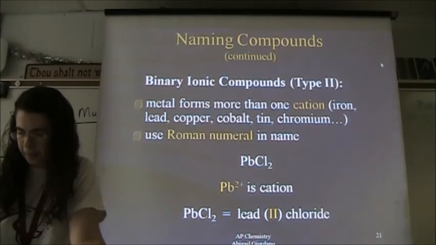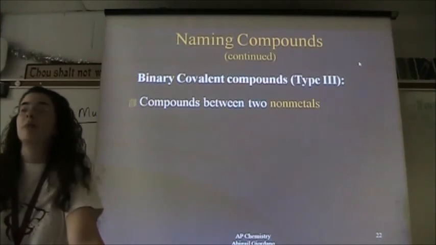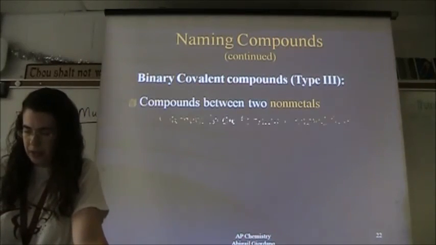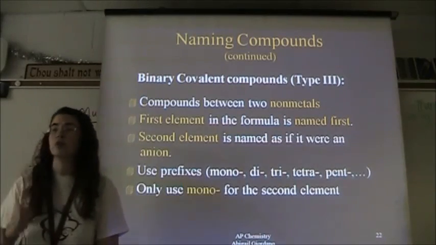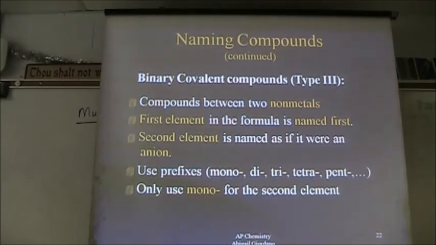Okay. Your covalents are much, much easier. 2 or more nonmetals, guys, to refresh your memory, this is where you use those prefixes. Whatever the subscript is, that's the prefix it gets. Mono, di, tri, tetra, pent. What's the prefix for 6? Hex, 7.